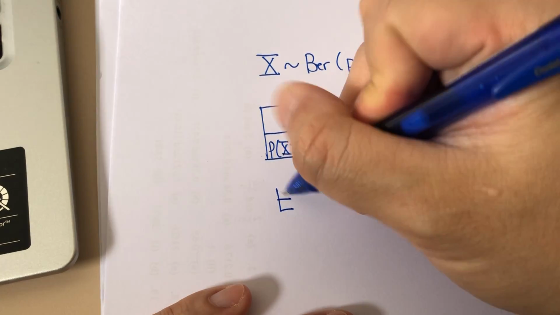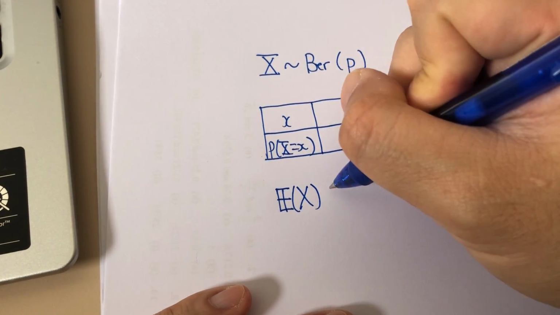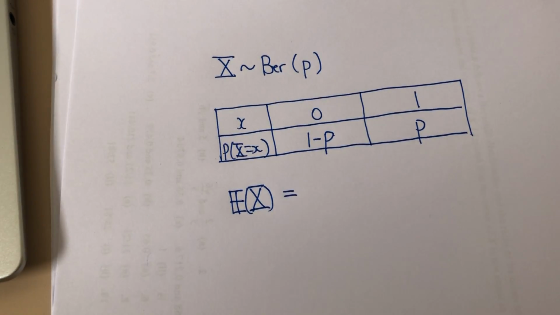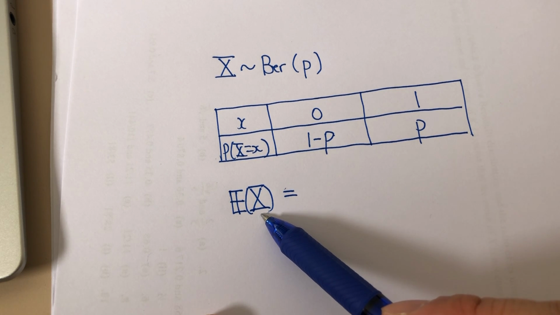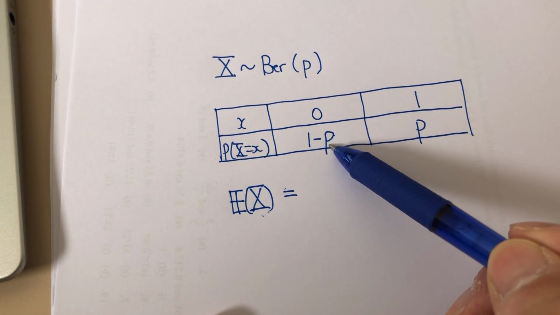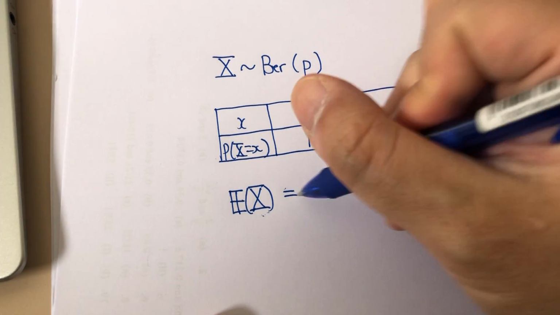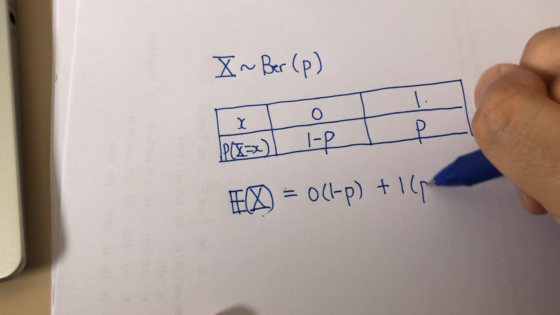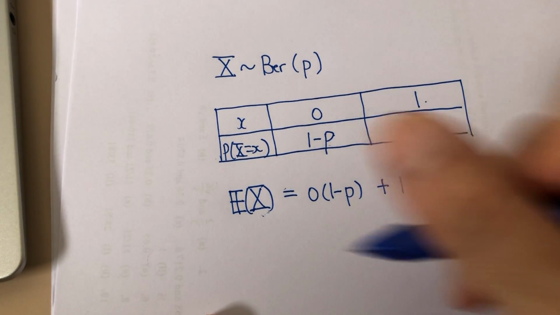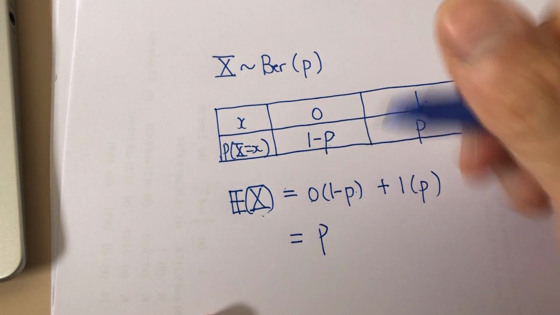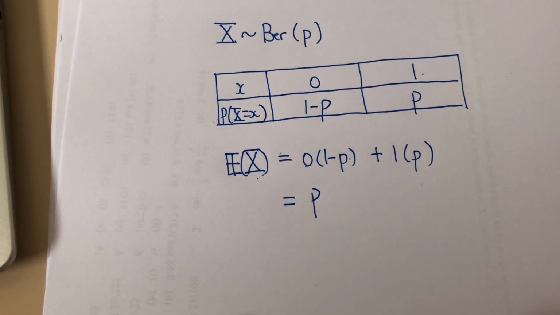Now, do you remember how to find the expected value of X? Still remember? Just use each value of X times the corresponding probability. So 0 times 1 minus P plus 1 times P. This is how we get the expected value. 0 times anything is 0. 1 times P is P. So the expected value of X is P.